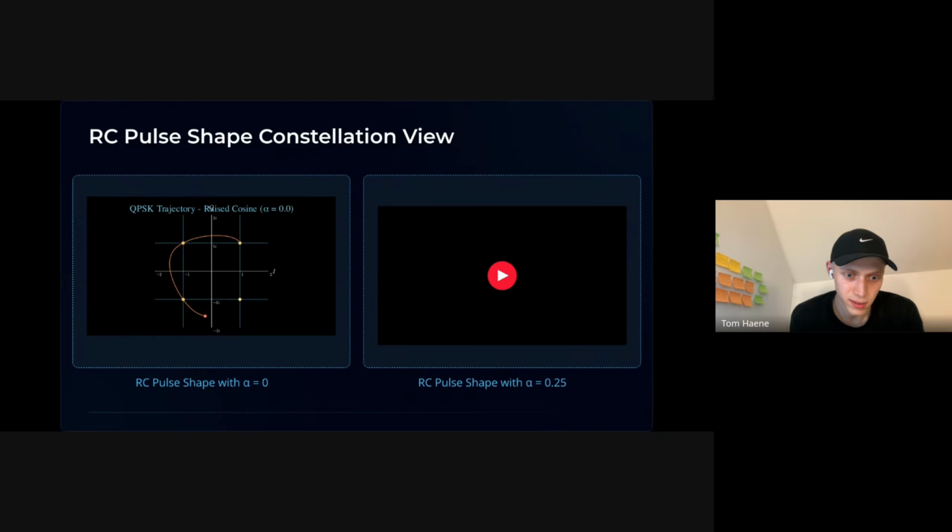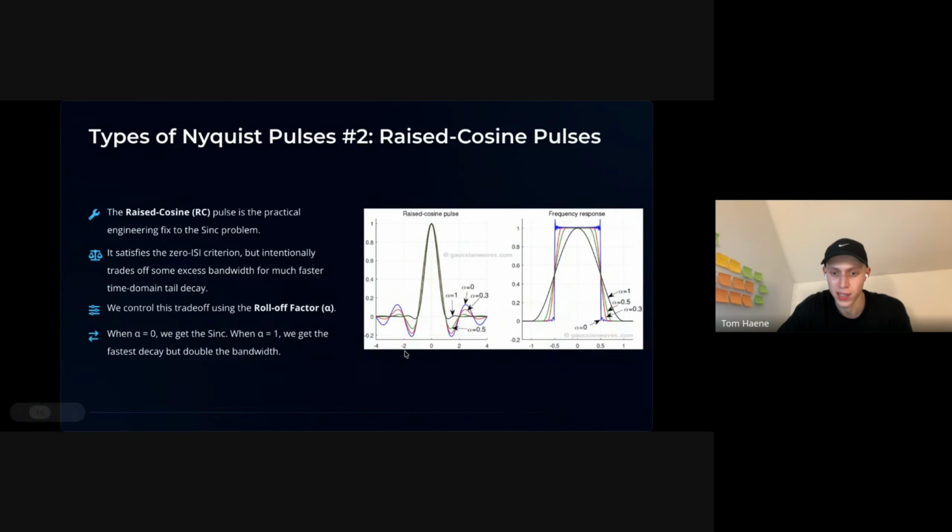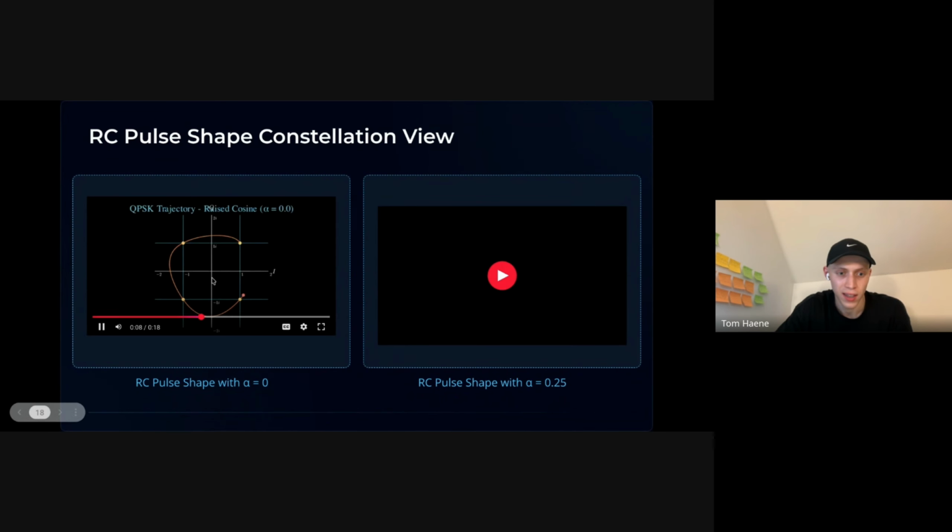Cool, we know what that looks like. It's got quite a big overshoot, which is exactly what the other diagram was showing. The side lobes, these in between swings, are very big. So if you're off, you could be all the way over here, right?